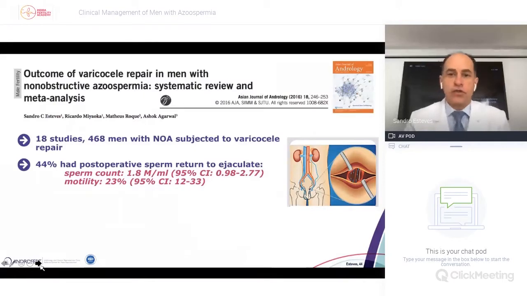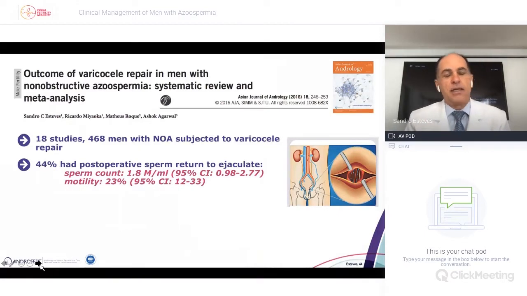In this paper we published in 2016, we looked at studies in which the patients were given varicocele repair to help improve spermatogenesis related to non-obstructive azoospermia. We collected 18 studies.